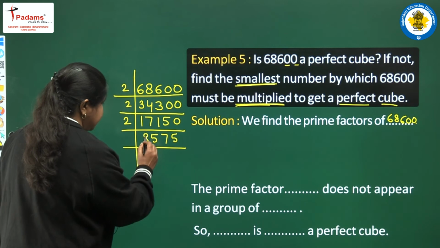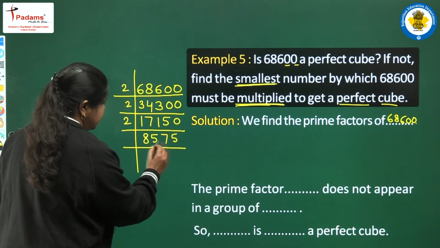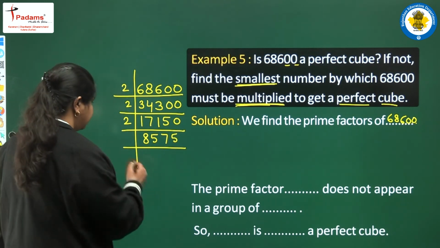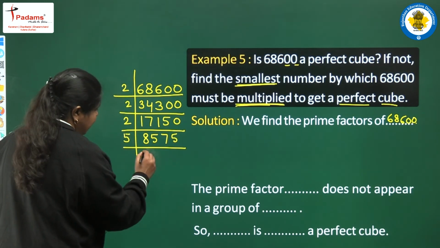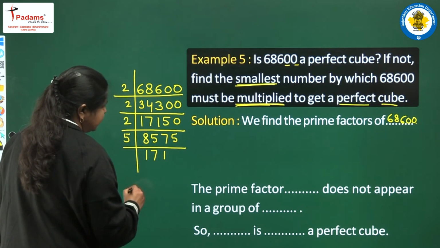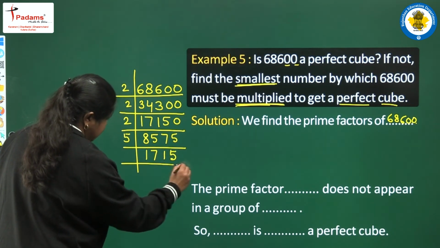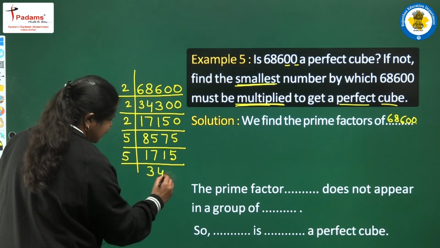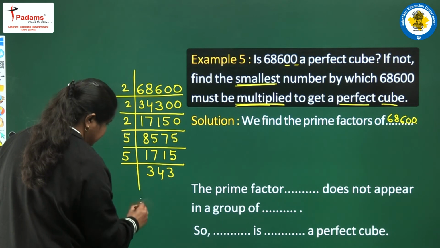Let us check it. 8 and 7 15, and then we have 10, 25. It's not divisible by 3. We take 5. 5 ones are 5, 7s are 35, 1s are 5, 5s are 25. Again by 5. 3s are 15, 4s are 20, 3s are 15.